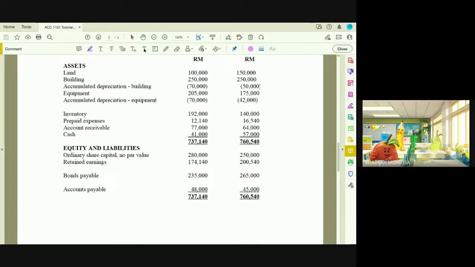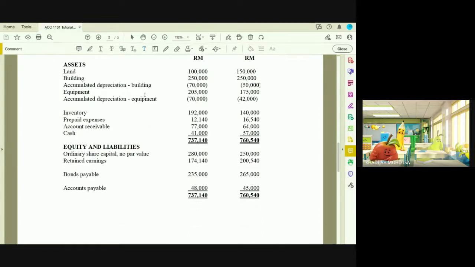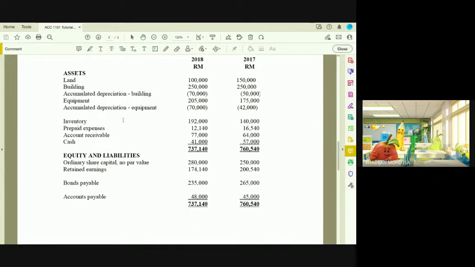Initially it was 142,000 in 2017 and in 2018 it is 192,000. So look at the differences. There's an increase of 52,000.